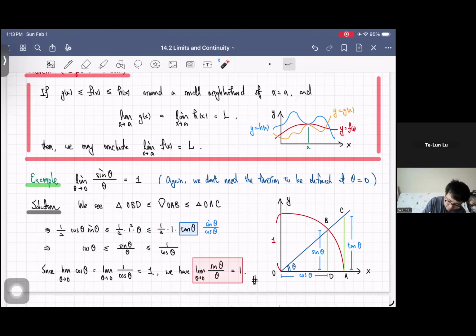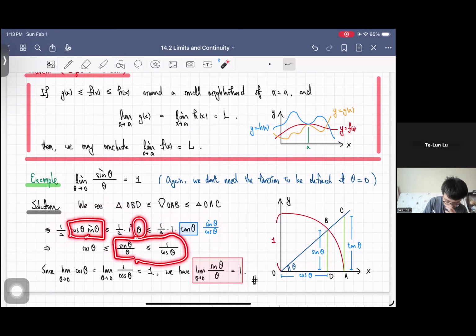Let's use this part first. First of all, I can divide the half out of the inequality, right? Secondly, cosine theta times sine theta less than theta can be interpreted as sine theta divided by theta is less than or equal to 1 over cosine theta.